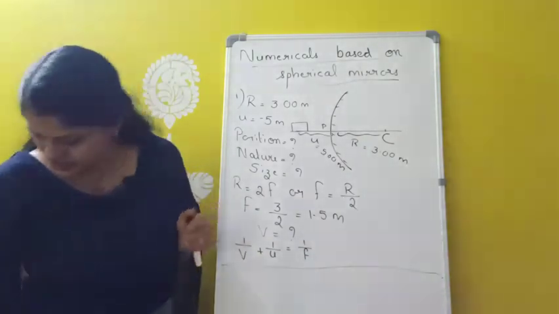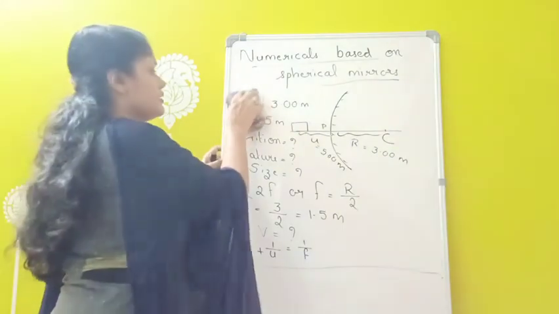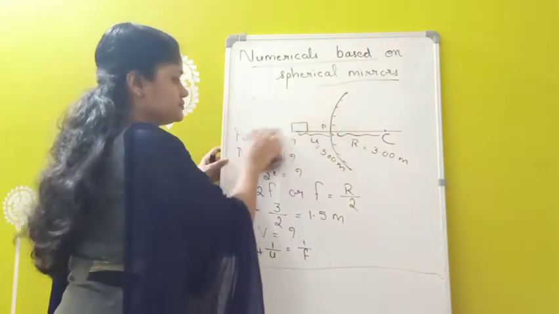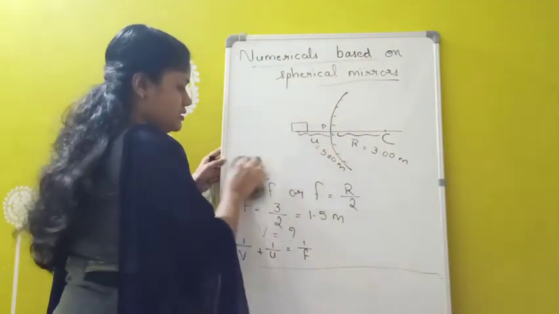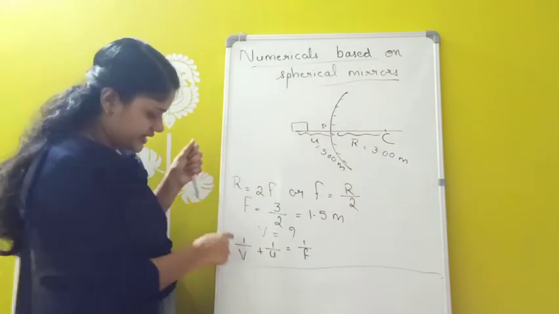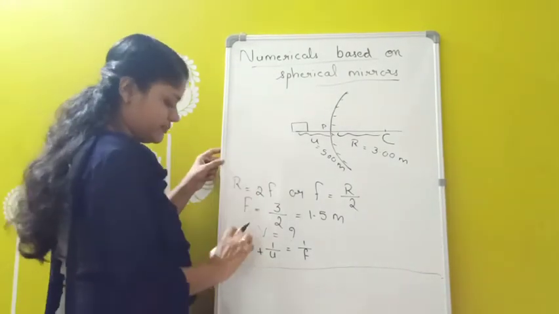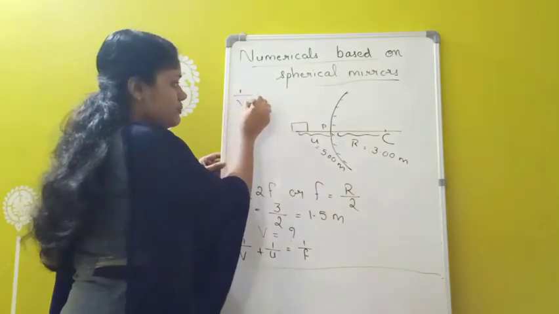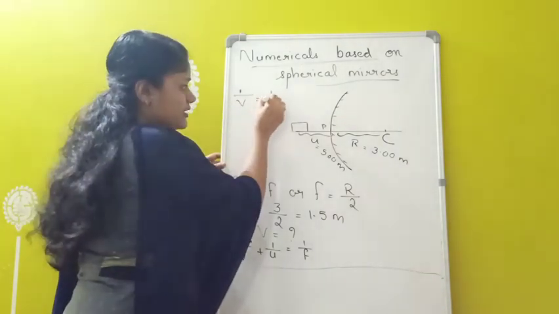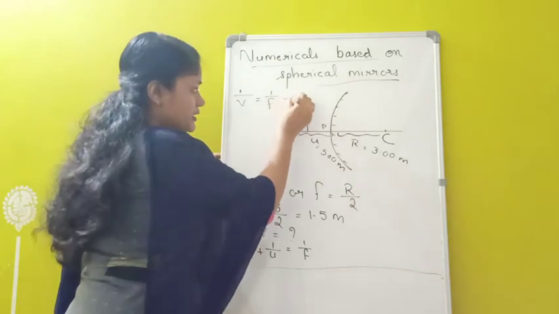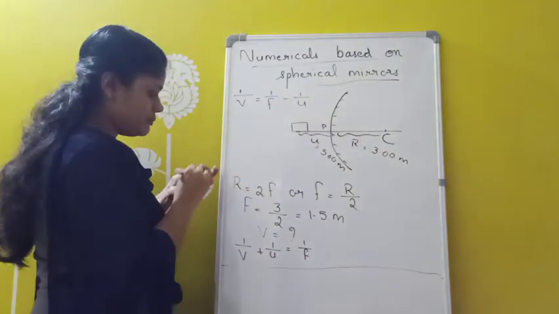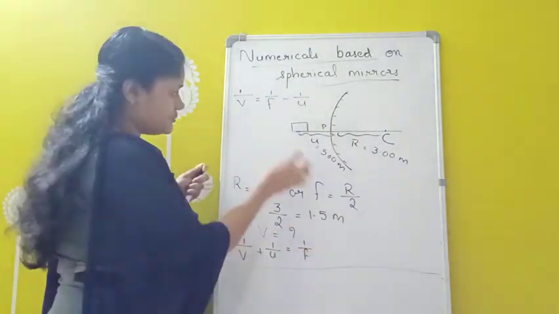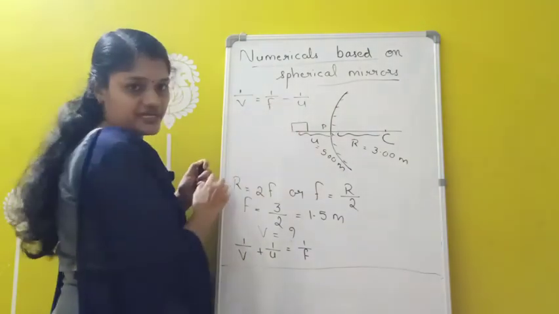Okay. So from this, we need this v. I am taking 1 by v first. So 1 by v equals 1 by f minus 1 by u. That means I have taken this 1 by u to the right hand side. So I am getting 1 by v equal to 1 by f minus 1 by u.